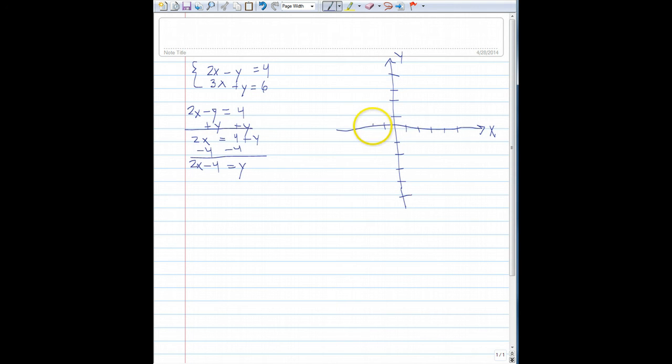Because this is a linear equation, we only need 2 points, and then we have our graph. So we start at negative 4, 1, 2, 3, 4, that's our first point. The slope is 2, or 2 over 1, so we go up 2 and to the right 1. You only need 2 points, but you can do another point if you want to, so we can go up 2 and right 1.